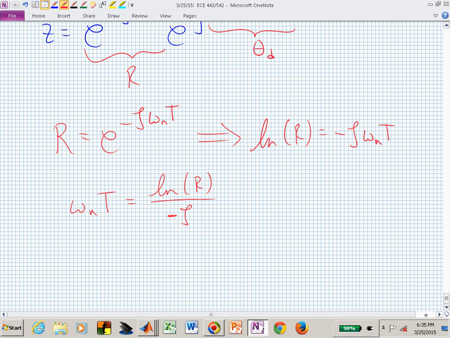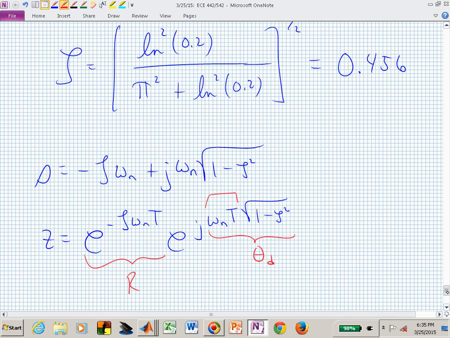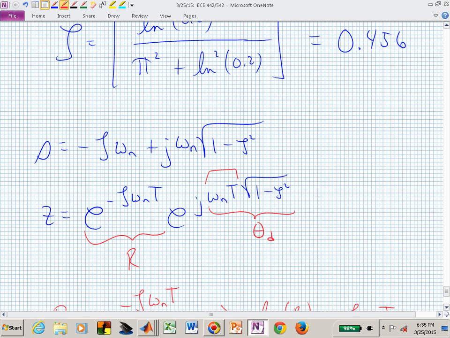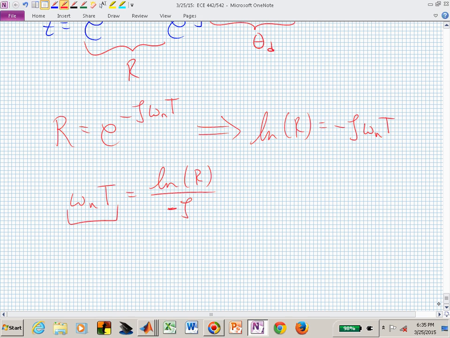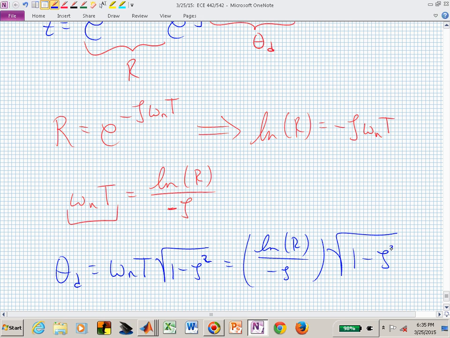We can now use this in our theta sub d expression, where now theta sub d is equal to omega sub n T square root of 1 minus zeta squared. But omega sub n T is ln of r over minus zeta, times square root of 1 minus zeta squared.